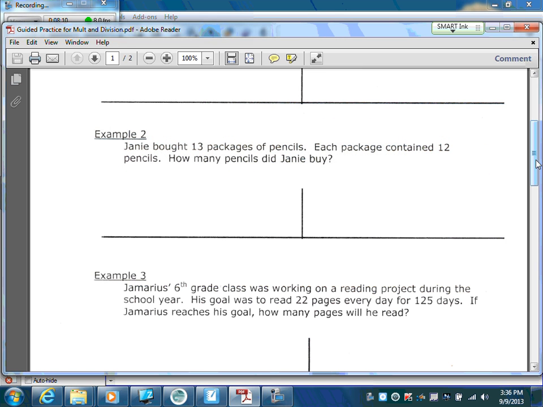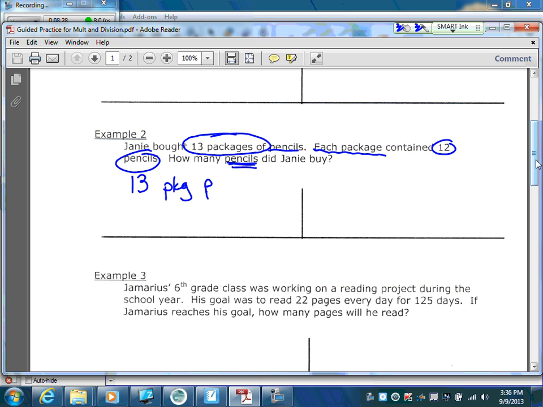Okay, so you should have paused the video and tried this one on your own. Important information. We've got 13 packages of pencils. Each package contained 12 pencils. How many pencils? Okay, so we've got 13 packages, pencils. Each contained 12 pencils.